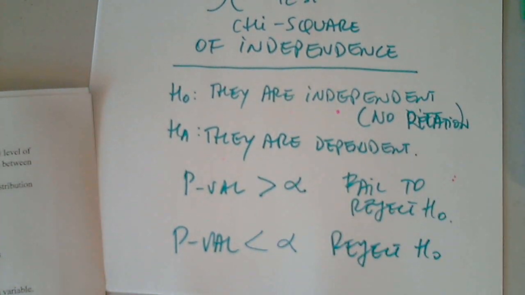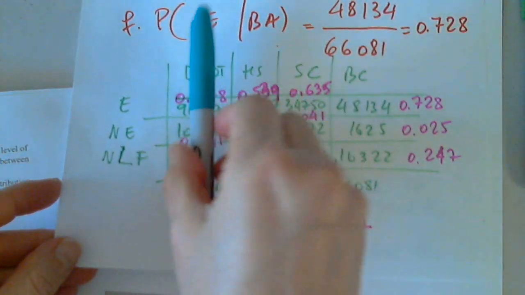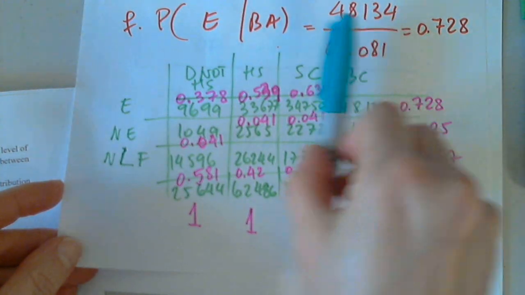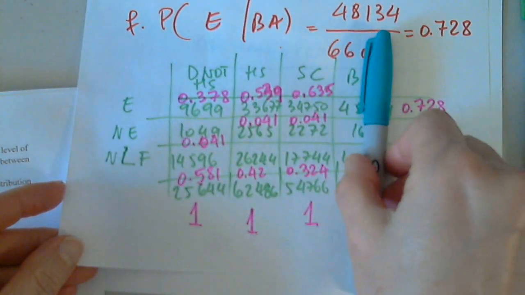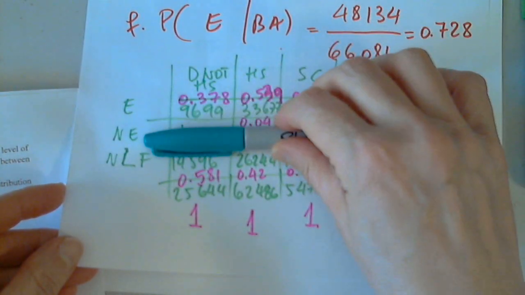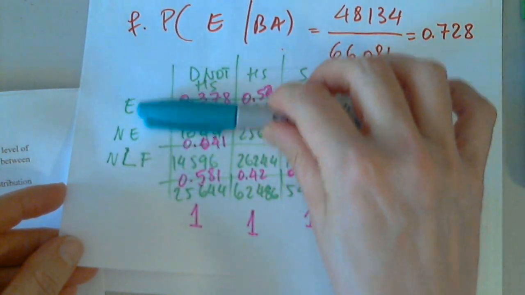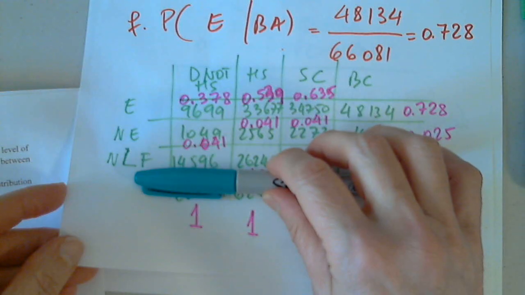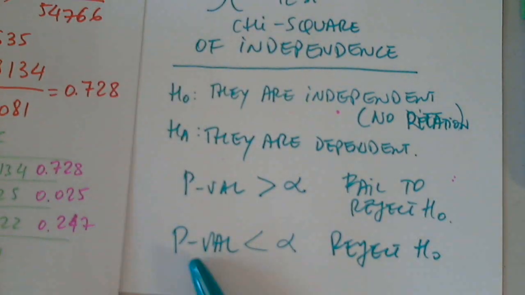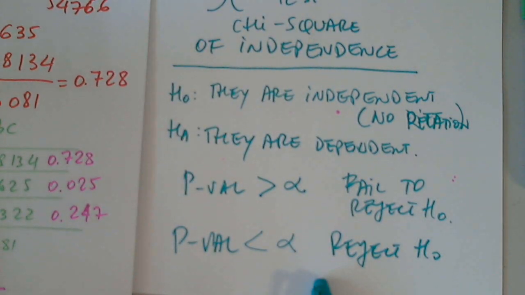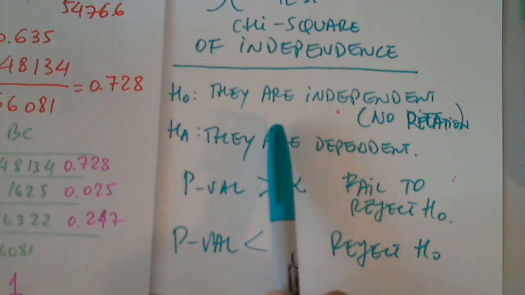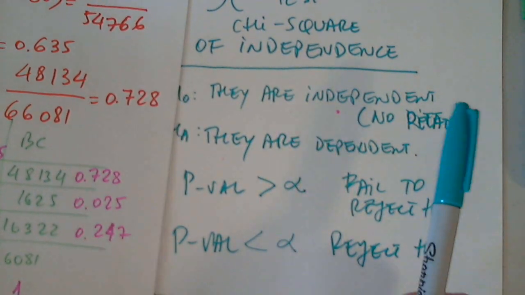So in other words, what we just did: are these column categories related to the employment status? If we get that the p-value is less than alpha, we will say, yeah, they are related.